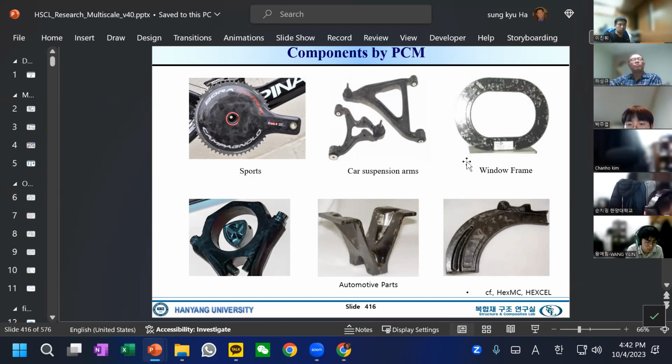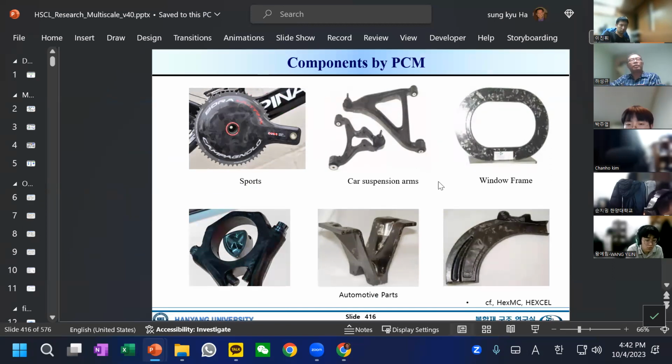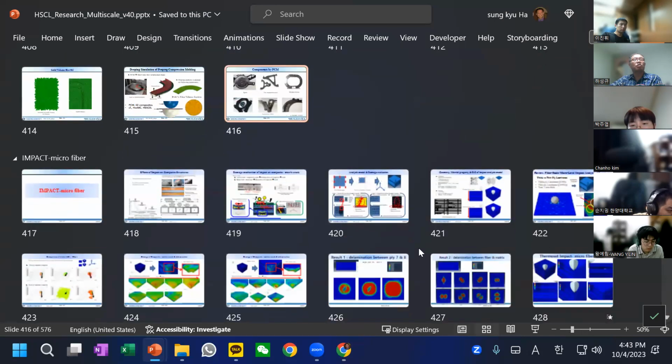But the most important feature of this chopped prepreg is this complexity. You can see how complex the structure can be. It's very difficult to make the structures with one prepreg, continuous fiber. So we have a chopped one, and that enables us to make very complicated structures.